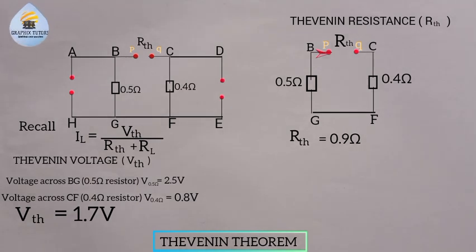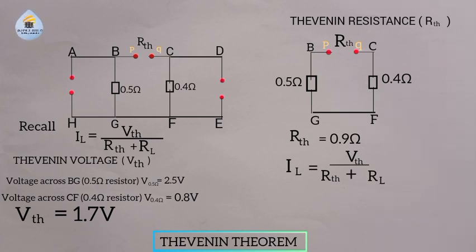So we now put them into the formula we wrote earlier, which is IL equals VTH all over RTH plus RL. So this will be equal to, what is the VTH? 1.7, divided by the RTH we calculated, which is 0.9, plus the RL, which is the resistor that we are considering, given as 0.1.